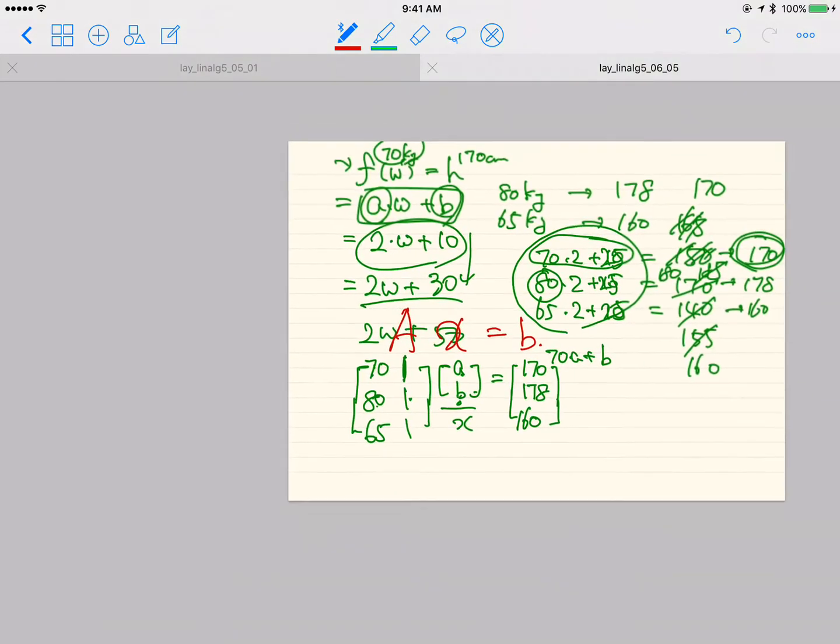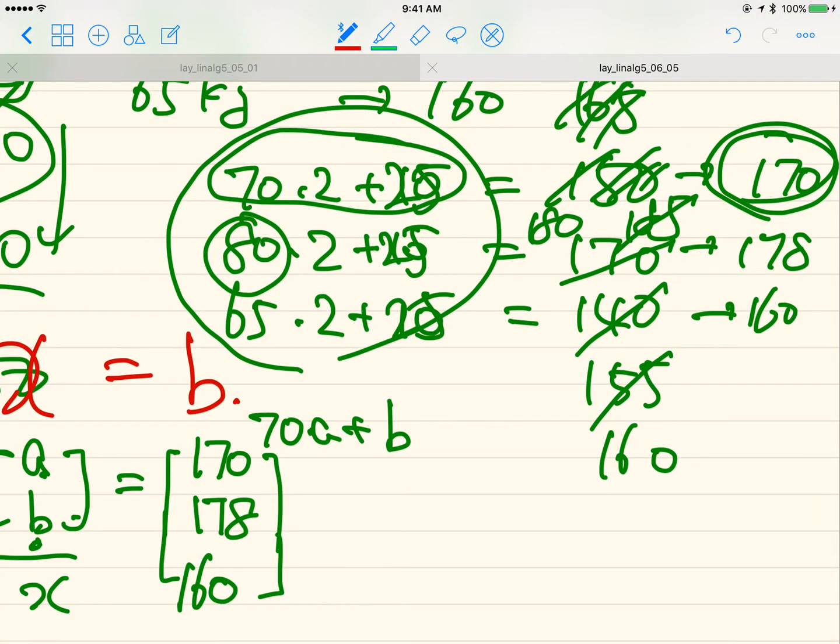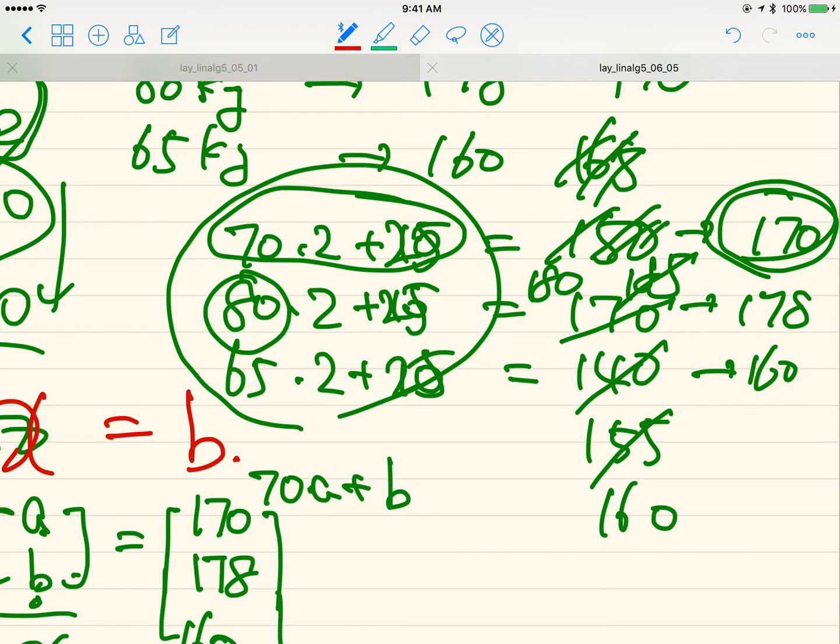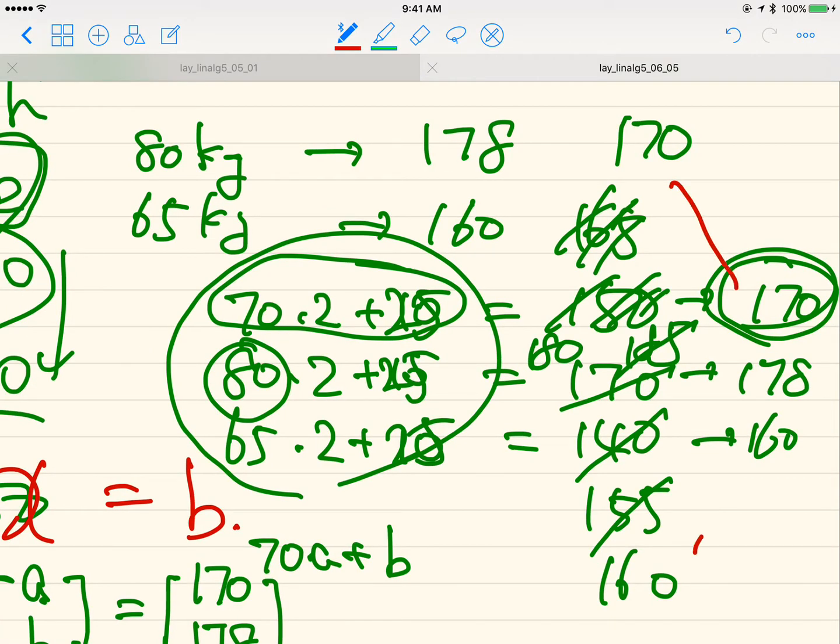It is not possible, because in this case we made two equations true, but the third equation is not true. But if we increase A or B, then it starts to make some other equations no longer true, right? So we have to find that kind of a minimization point.